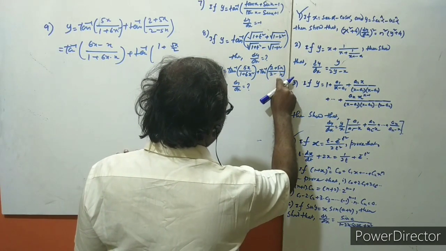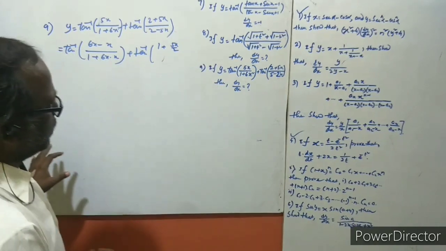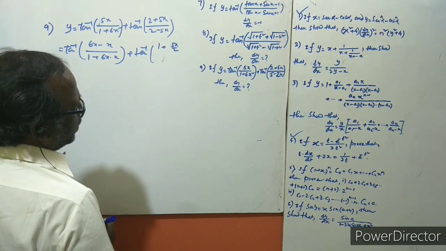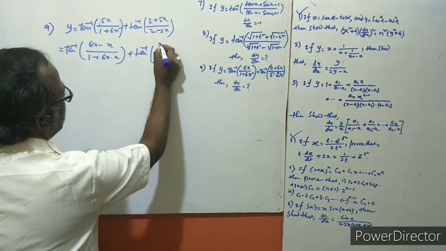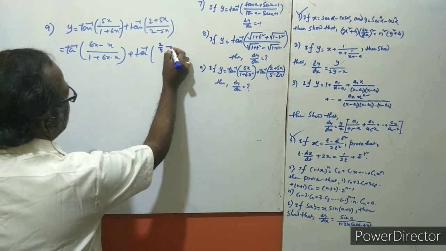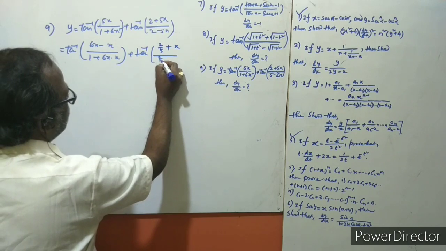There was a mistake here with 5 and 2. Divided by 5 on numerator and denominator, then 2 by 5, then here x, and divided by 5, this is 2 by 5.